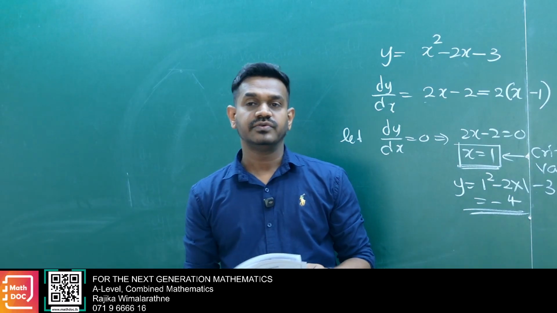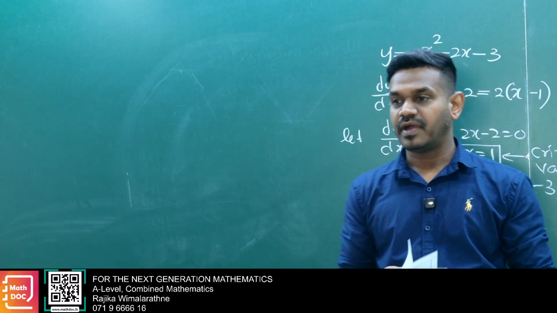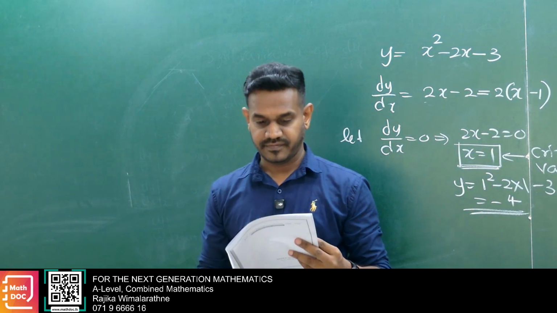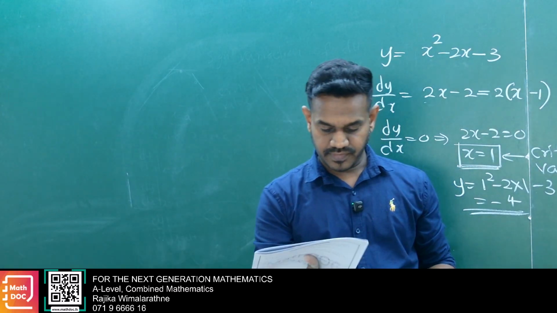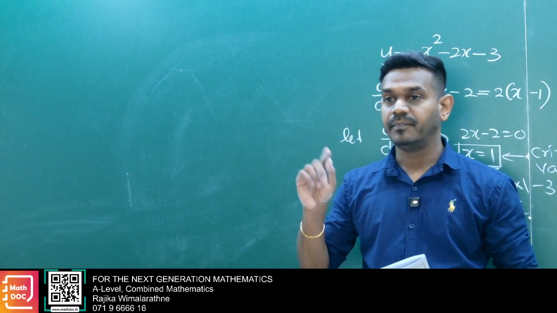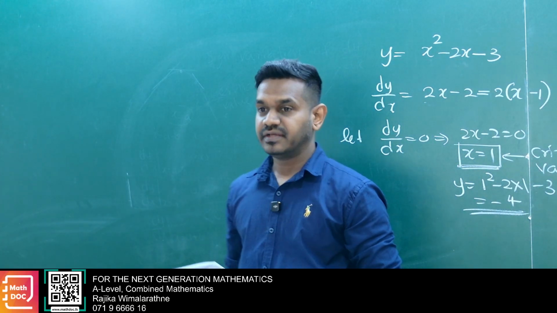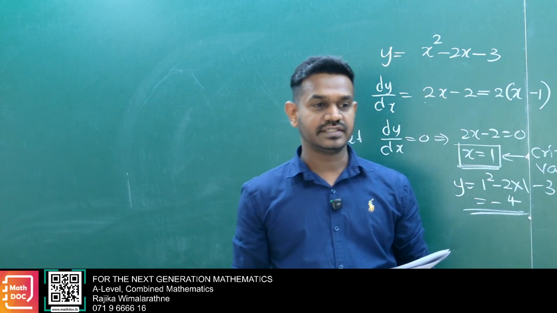Now I told you question number 14 of pure paper part B will be from the application of derivatives class. First identify the thing. Take 2024 part B. Just read it. Don't do it, just read.